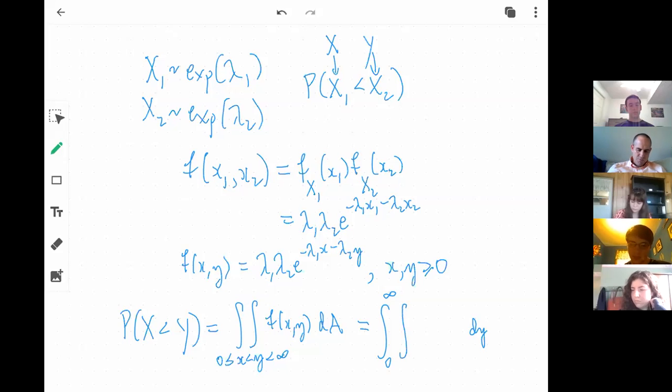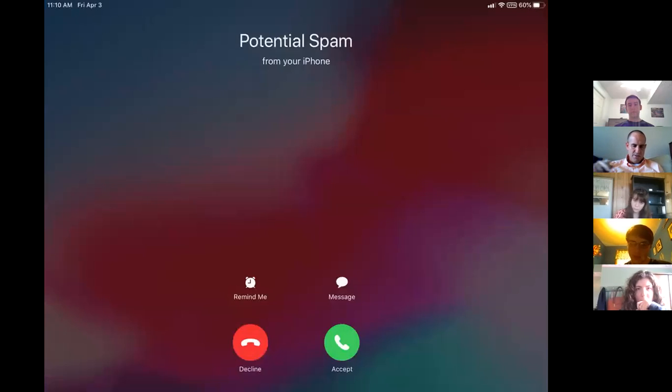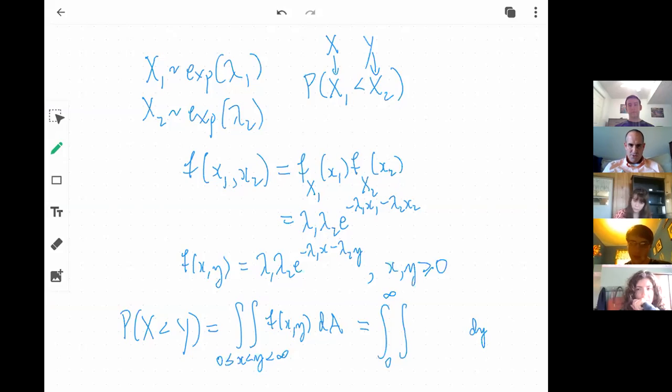If y is roaming freely between 0 and infinity, what's x going to be roaming between? Okay. All right. So what's x going to be roaming between? Zero and what?